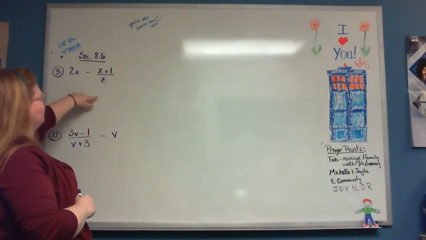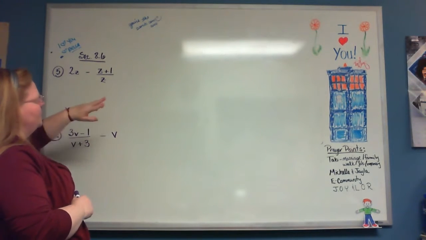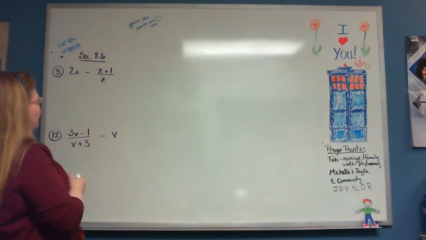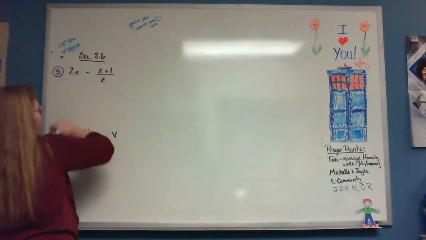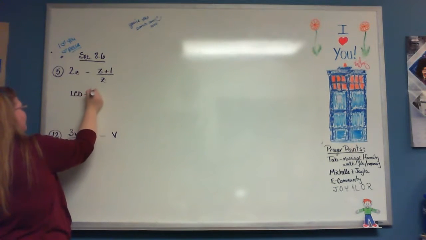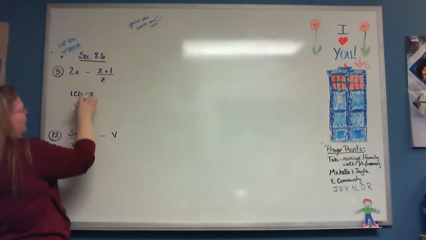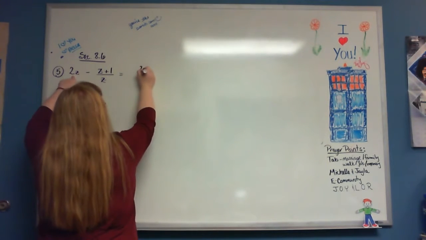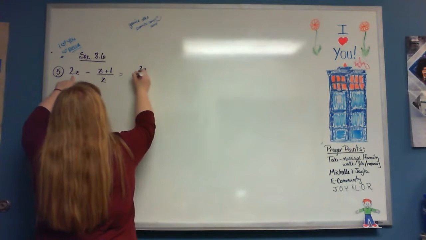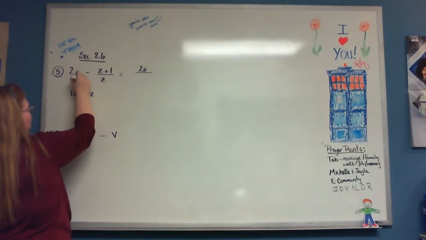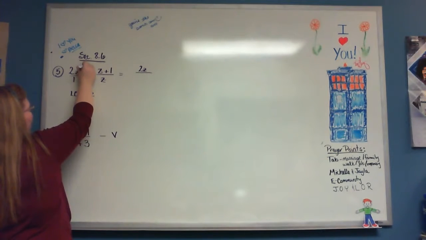So here is just a subtraction problem. But remember, in order to subtract, we have to have a common denominator. In this case, our common denominator is going to be z. So when I write this as our common denominator, over here we have 2z over 1 originally, which means I need to multiply my top by z.